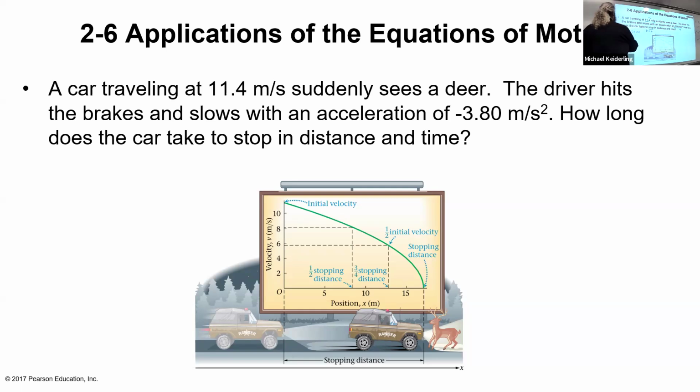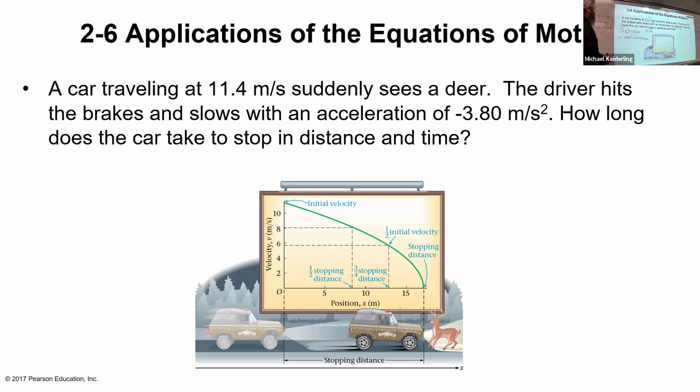Our final velocity is 0. Our initial velocity is 11.4 meters per second, quantity squared. We have plus 2 times acceleration. Our acceleration is negative 3.80 meters per second squared times delta x.